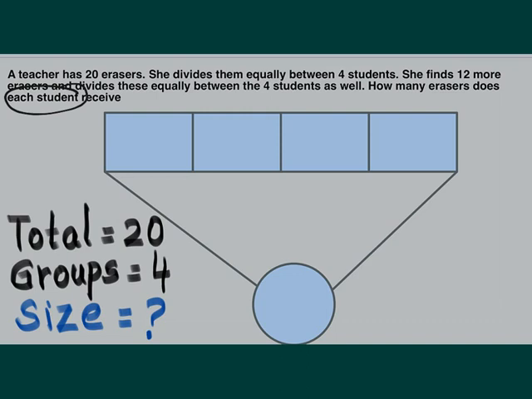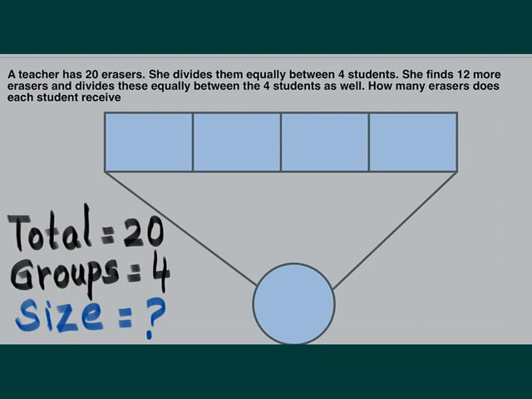The question is, how many erasers does each student have? Each student. So what we have to find is the size. How many erasers does one student get from that teacher? Again, for this question, we have to draw a tape diagram, which I have given here in blue. Then you have to write a number sentence, and finally we finish the solution by writing a statement.